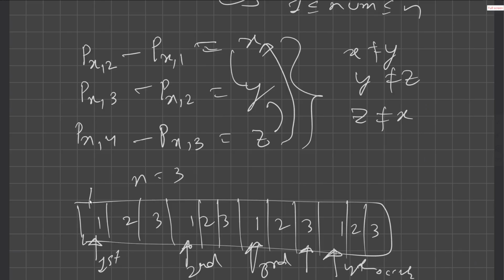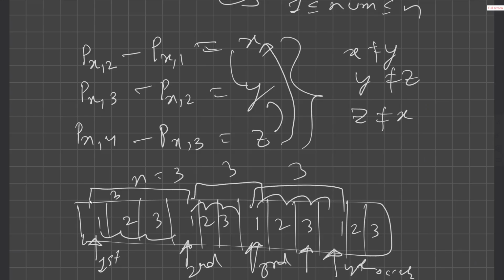Now the distance between them: 1, 2, 3, so the distance is 3. Again here the distance is 3, and here again it is 3. So all distances are the same, which means this array is not a valid one.